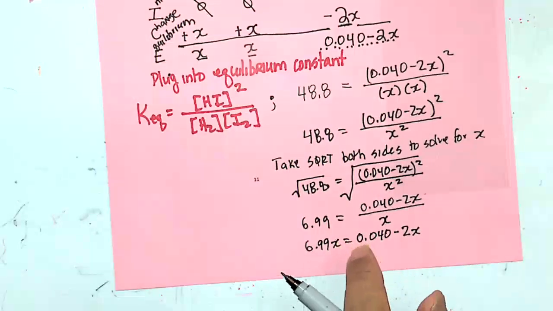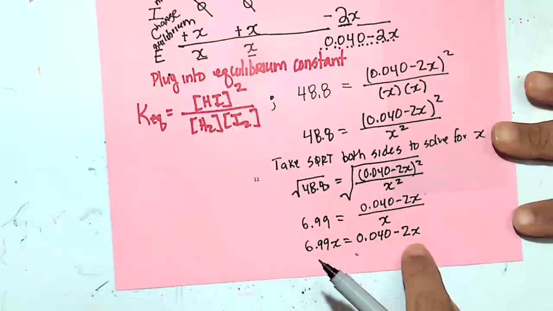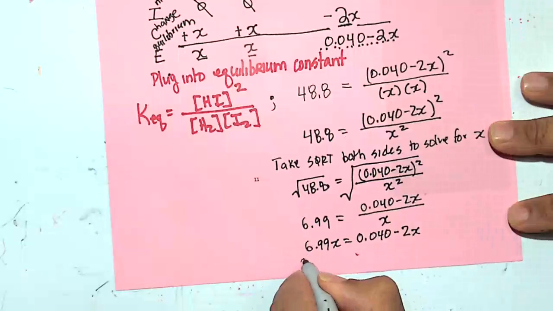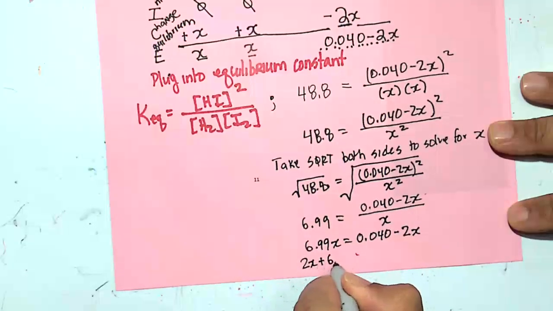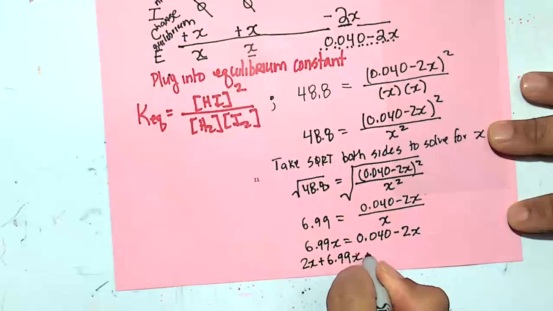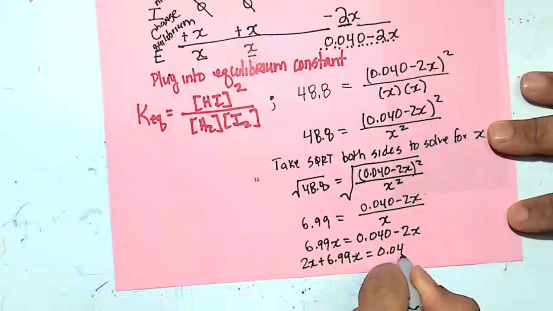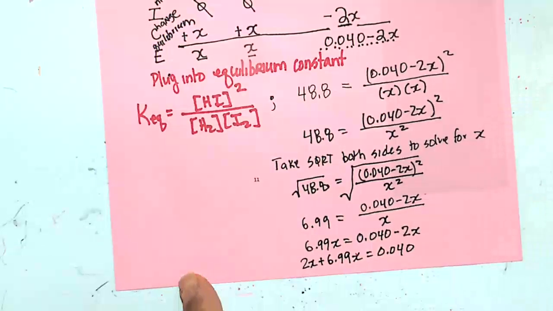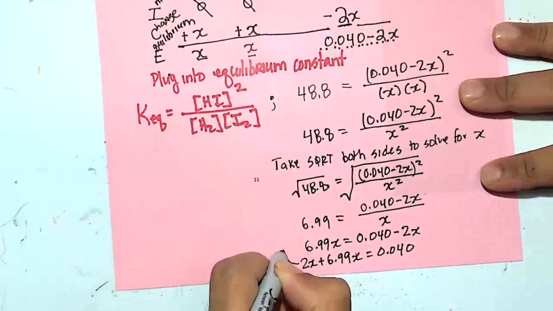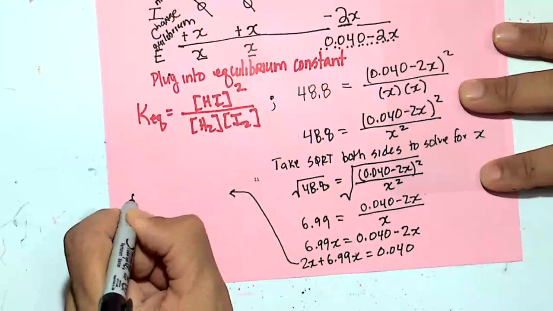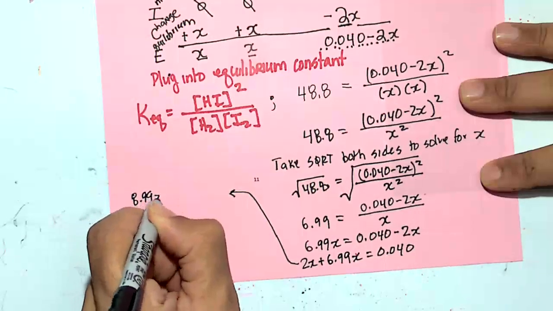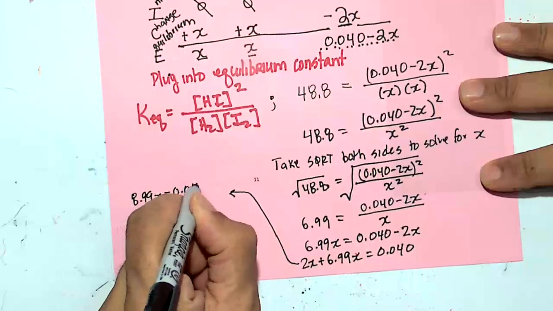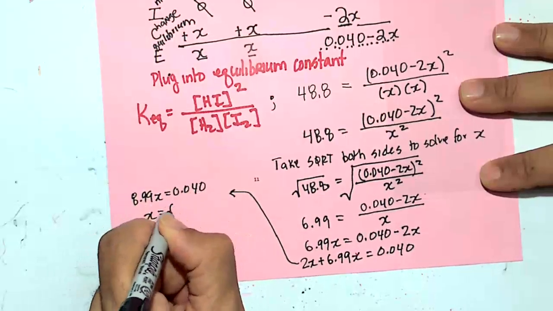So do you guys know how to do this math? We're going to take this minus 2x and move it to the other side. 2x plus 6.99x is equal to 0.040. And what's 2 plus 6.99? 8.99x equals 0.040.